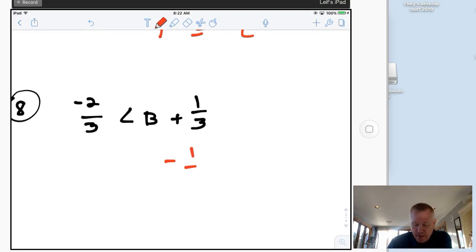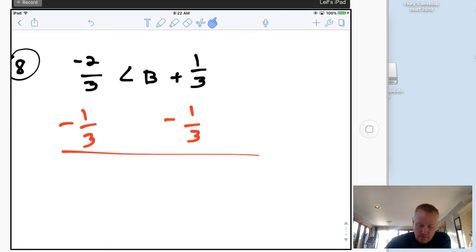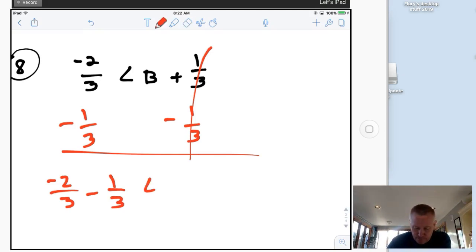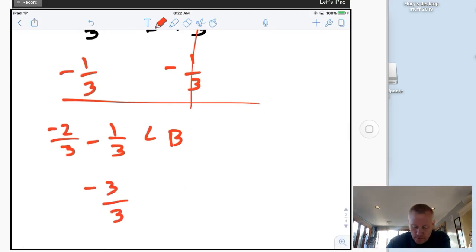So the opposite of adding 1/3 is subtracting 1/3. And these cancel. So negative 2/3 minus 1/3 is less than b, which would give me negative 3/3.